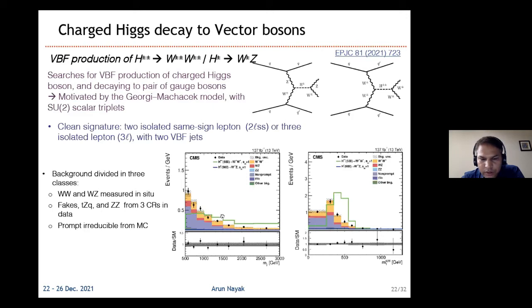You have the signal here in green, which is for the doubly charged Higgs, and also in blue, which is for the singly charged Higgs. And you can see that the background falls off rapidly. Similarly, you have another discriminant, the MT of WW, both W's together, and you can see the expected distribution, the data and the signal distribution.